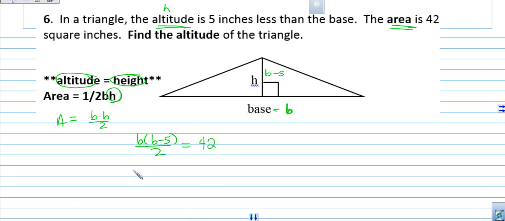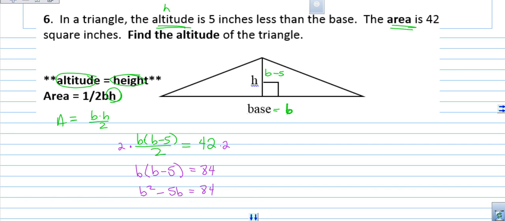Okay? So now, most of y'all don't like fractions, so how do you get rid of a fraction? Well, that says divide by 2, so you're going to multiply by 2. And so you get base times base minus 5 equals 42 times 2, which is 84. And then you're going to multiply this out. You get b squared minus 5b equals 84.